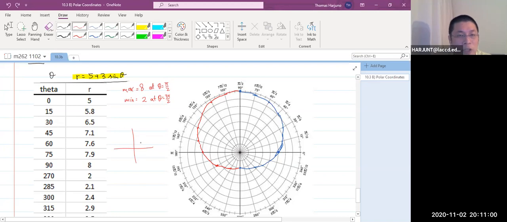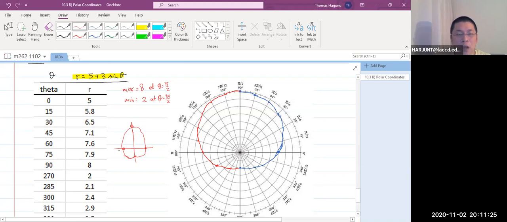When theta equals 0, that's 5. When theta equals 90 degrees, that's 8. When theta equals pi, that's 5 again. When theta equals 270 degrees, that's 2. So I see it will approximate like this. Okay.